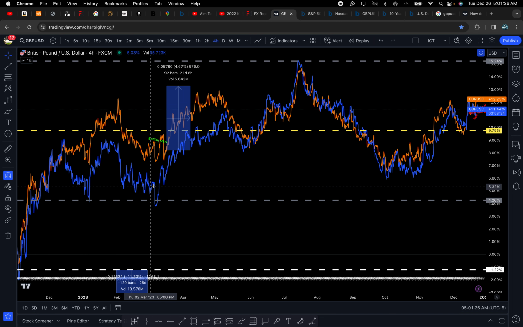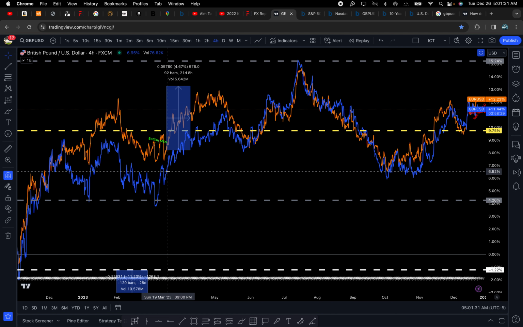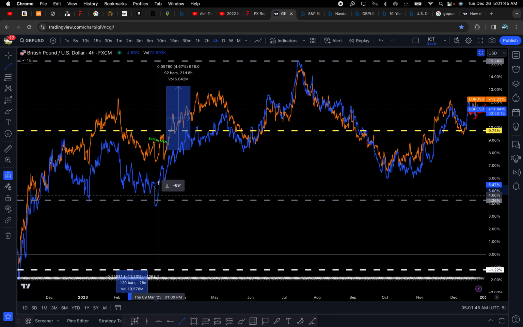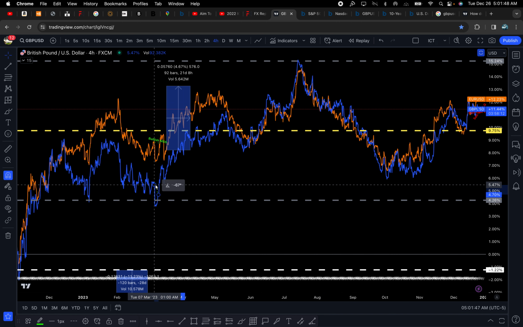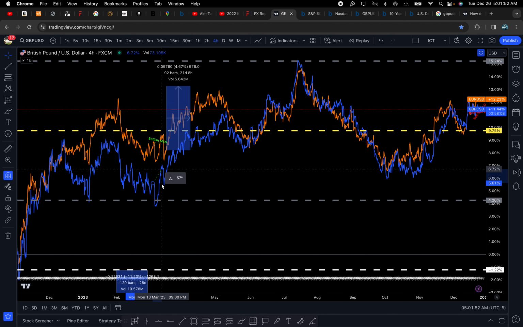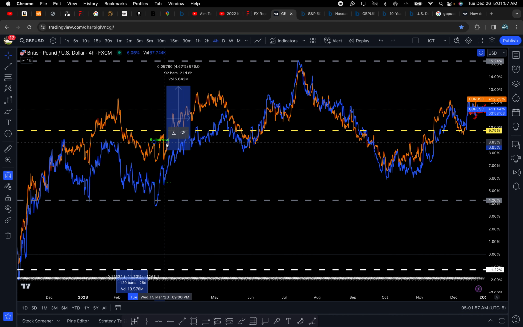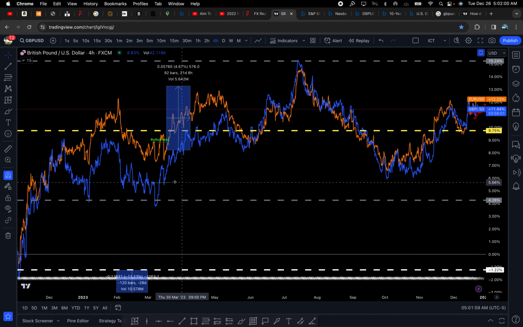And same thing right here. All I'm pointing out is this lower low here, and then it breaks the structure and confirms that low. I know the drawing is obviously not perfect, but you get the idea.